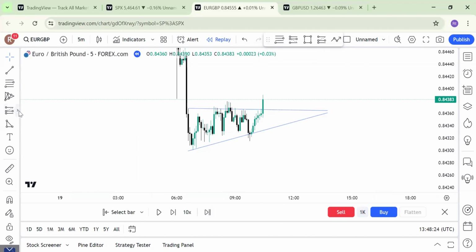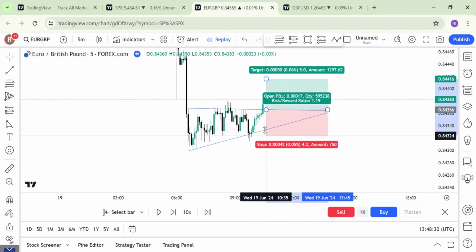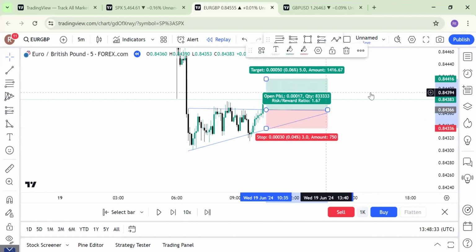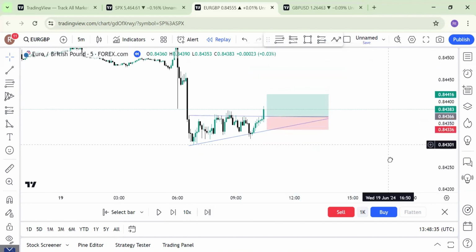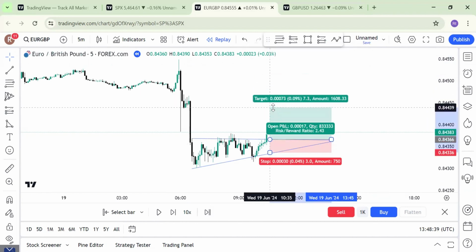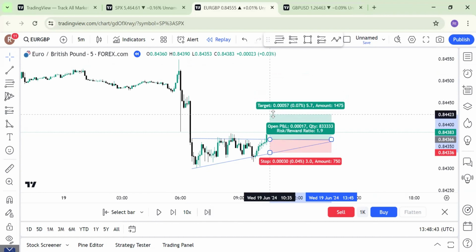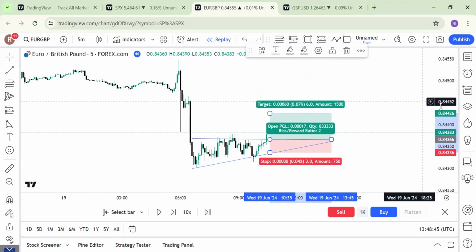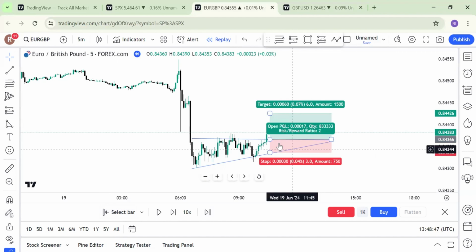Okay, so now I put my buy here, my stop loss somewhere around here, and I do my 1:2, my 1:2 always, and I don't do more than 1:2 when it comes to this. Okay, so what do I do?